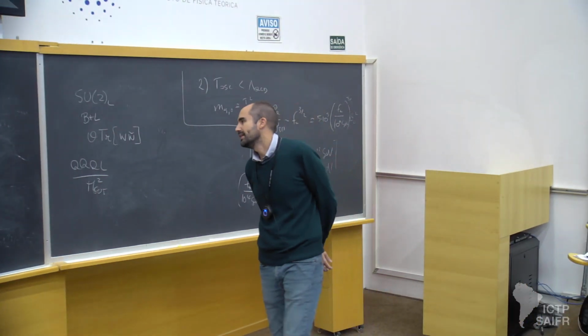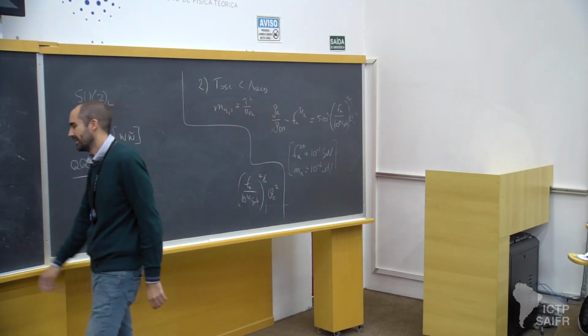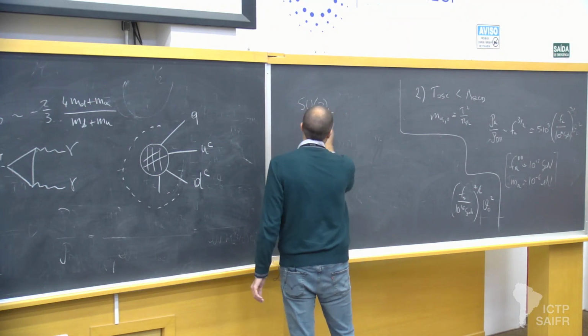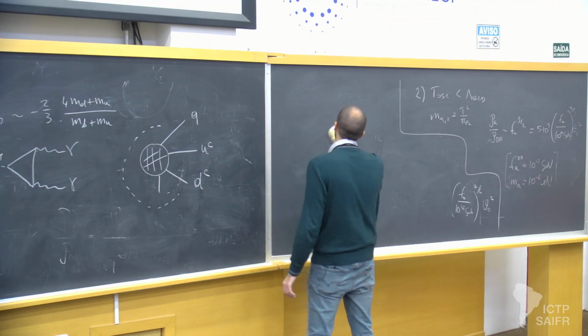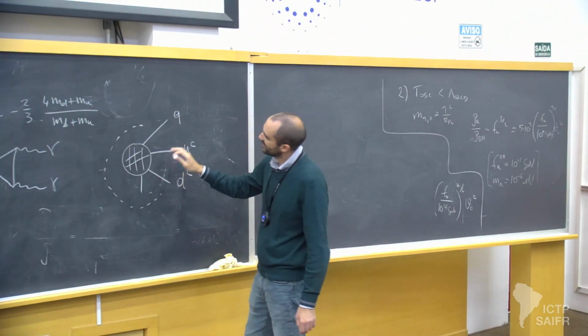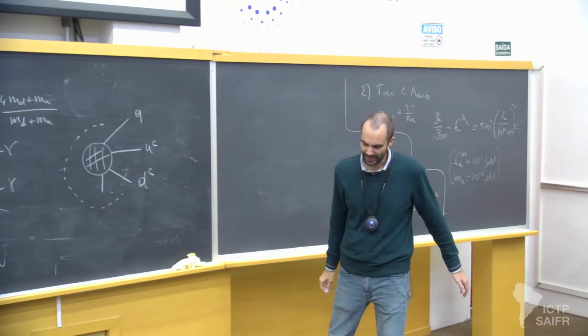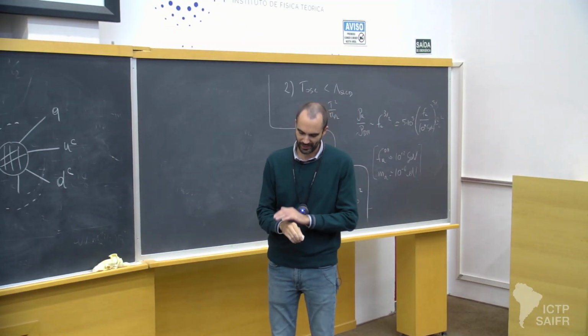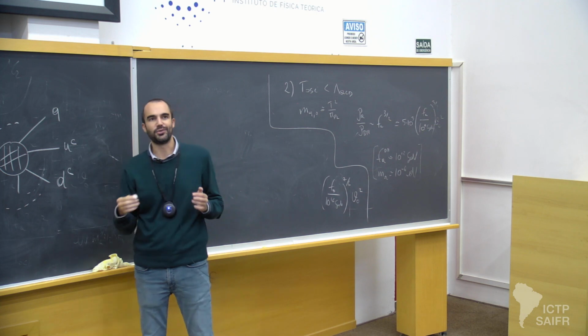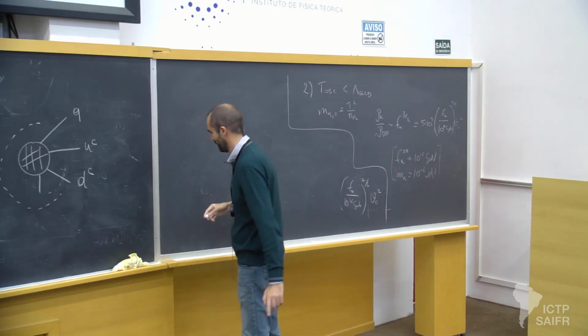Well, so this operator, yes, but the typical scale of this operator is dominated by low energy because, if you remember, these instantons are classical solutions to the equations of motion.